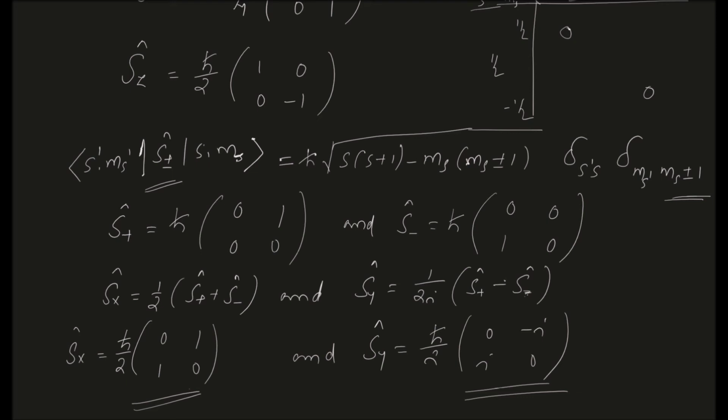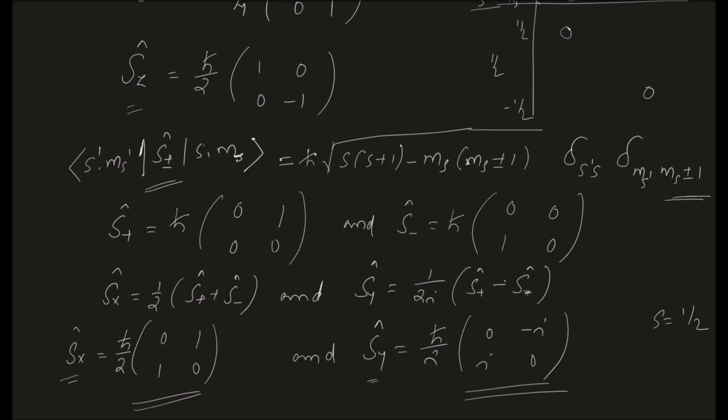So you can see that when we have a particle with a spin quantum number equal to half, we have seen the matrices for all the components Sx, Sy, Sz and S square. Now Pauli introduced some matrices to conveniently represent these kinds of spin components.